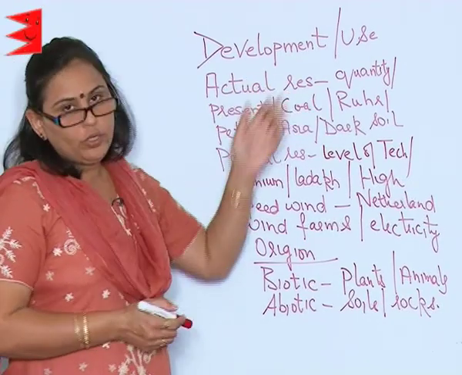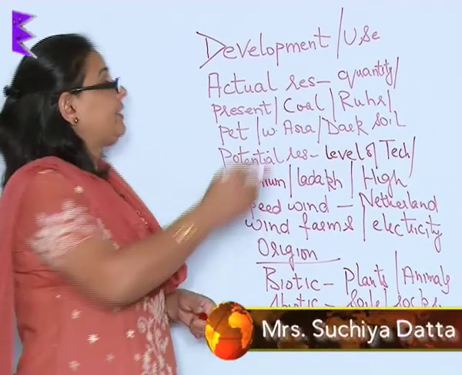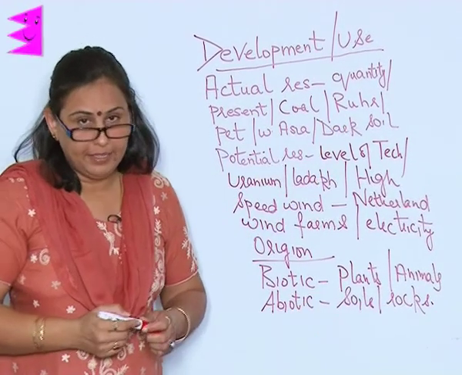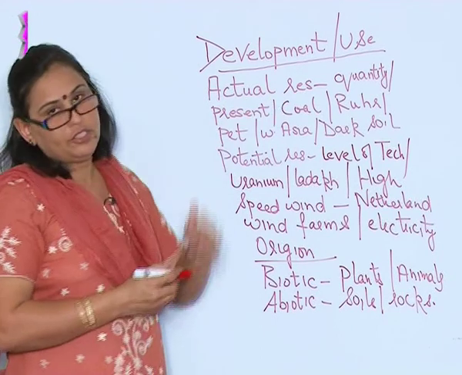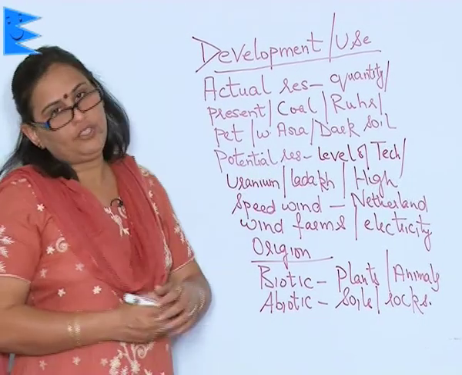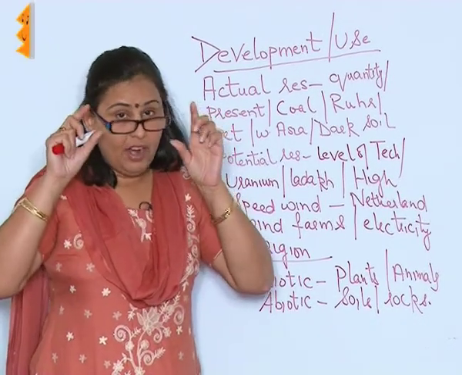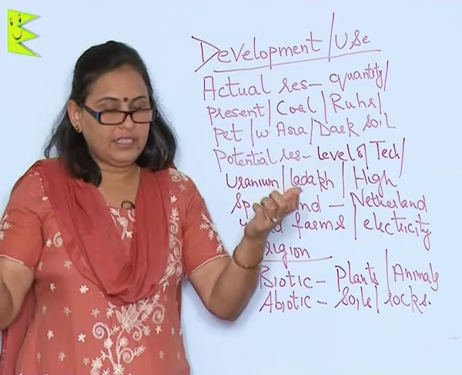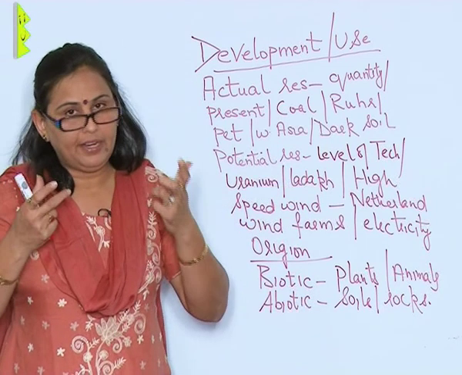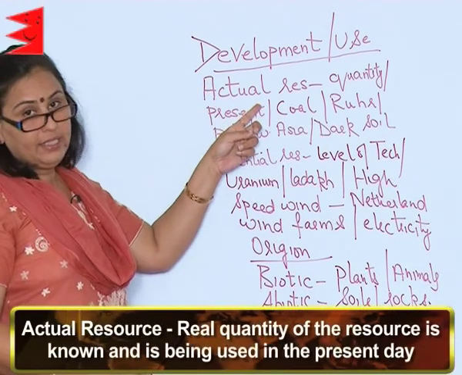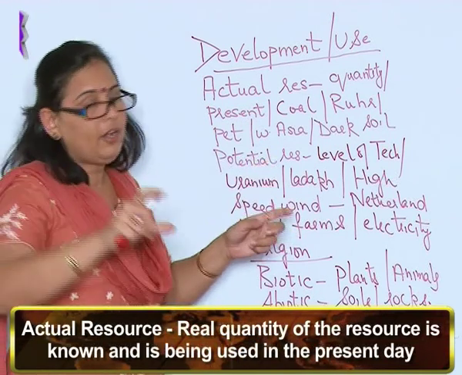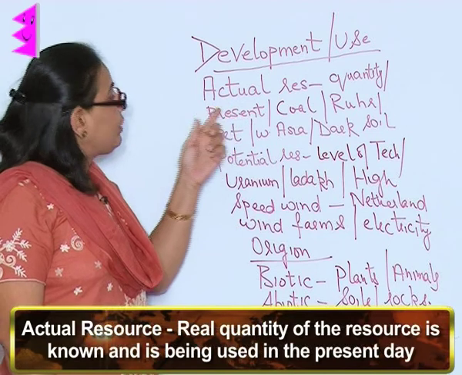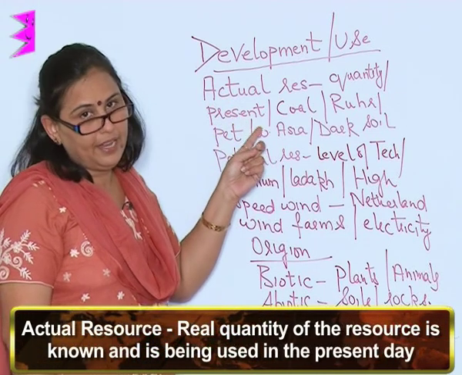Categorizing the resources further on the basis of development and use, we can divide them into actual resource and potential resource. You look at the word itself, actual and potential. So, here itself the difference is very, very clear. Actual means that we know the real quantity of the resource which is there, and we are using it in the present day.